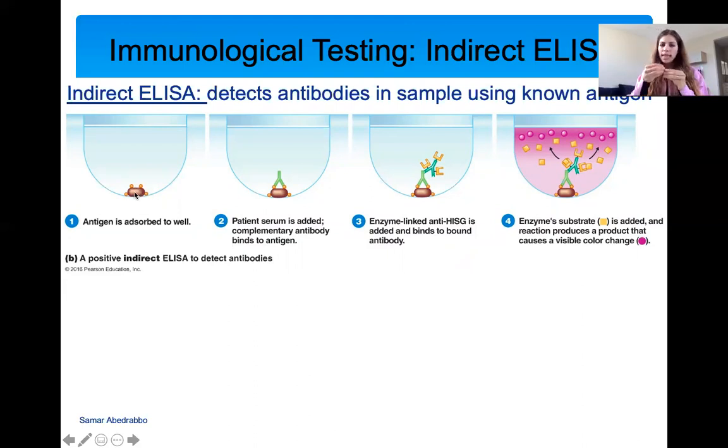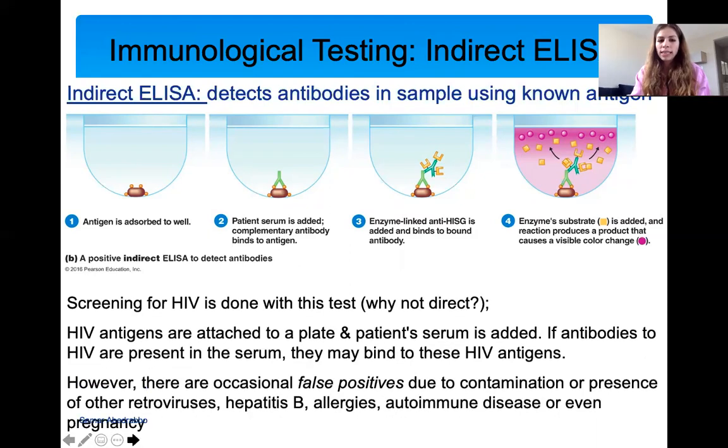And you take a sample from a patient and you, I was going to say squirt it, you pipette it into these wells. If they have the antibodies for coronavirus, it will bind to your bound antigen, which is some part of coronavirus. And then you'll add another antibody with the enzyme that catalyzes a color change. And then you'll get the color change and you'll know that the person actually has an infection.